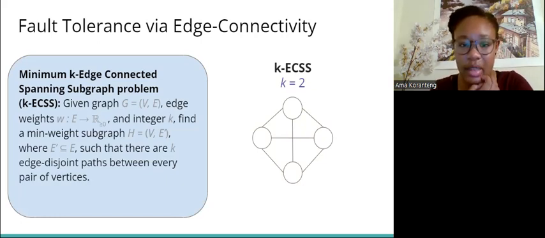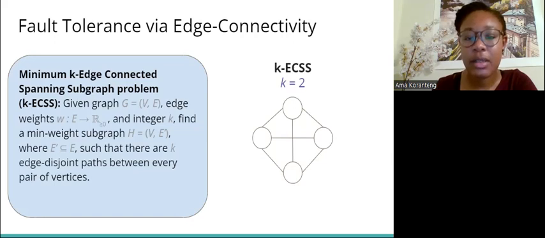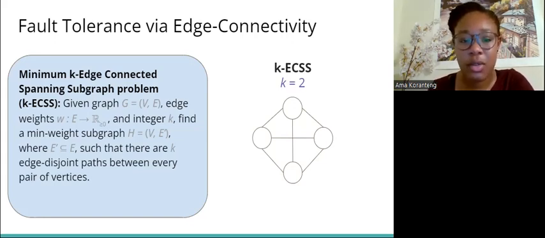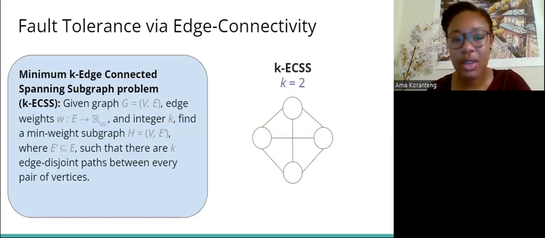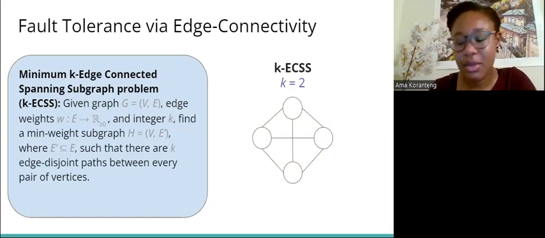So the KECSS problem is an edge fault tolerance problem because KECSS is equivalent to asking us to find a minimum weight subgraph such that if you remove any set of up to k-1 edges from the graph, there's still a path between every pair of nodes in the remaining residual graph that you get after removing your k-1 edges.